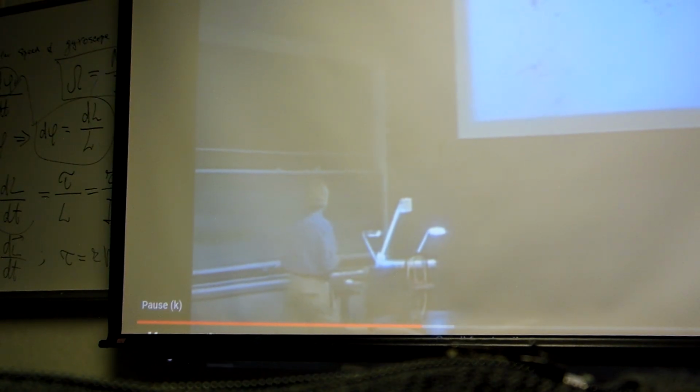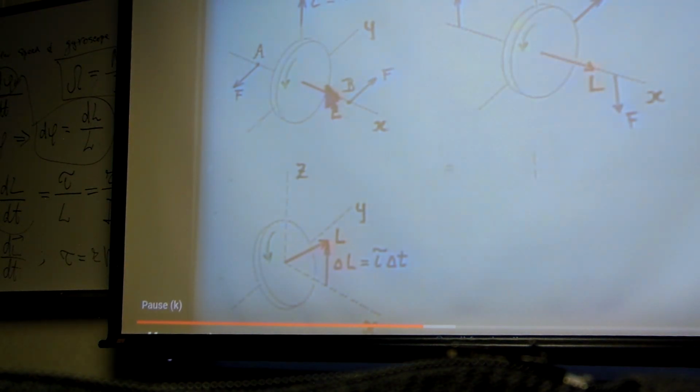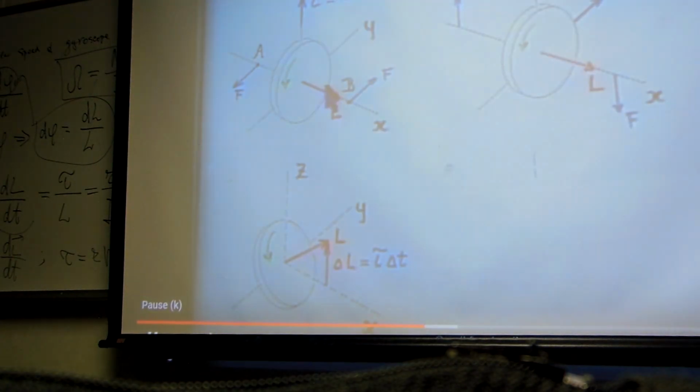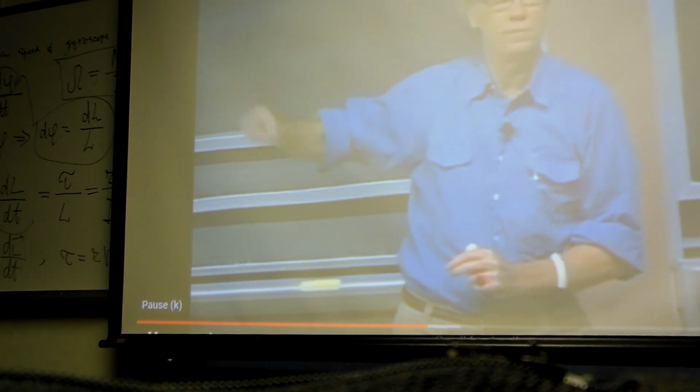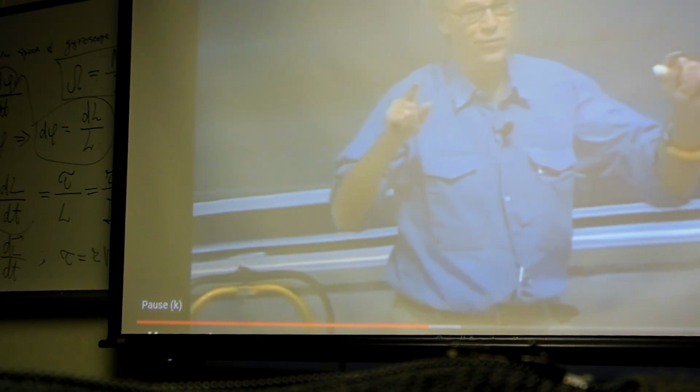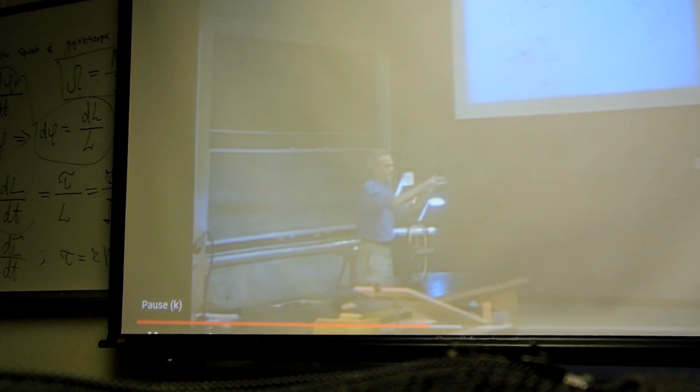If you have digested this, then you can test yourself now. Now we have the same wheel. I'm going to rotate it in exactly the same direction. But now I'm not going to torque like this, in the Z direction, or like this, in the minus Z direction. Now I'm going to do this, or I'm going to do this. Try now to really concentrate on what I just taught you. Try to give an answer to the following question. The wheel is rotating. I hold it in my hand, and I'm going to torque it like this. Angular momentum was like this.